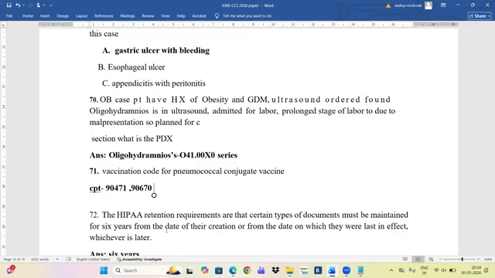Look up the code under pregnancy complication oligohydramnios. What will you get? Tell me. Under pregnancy, oligohydramnios.